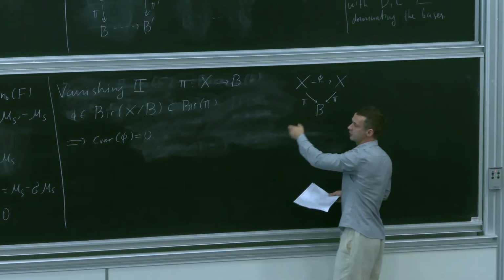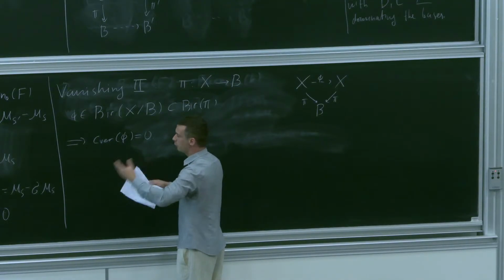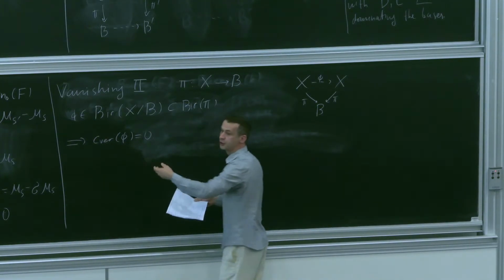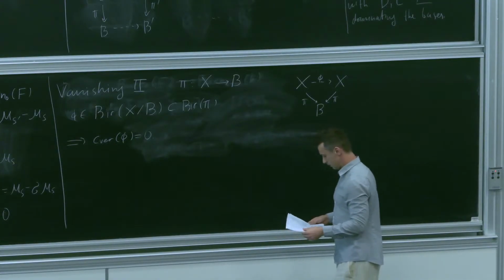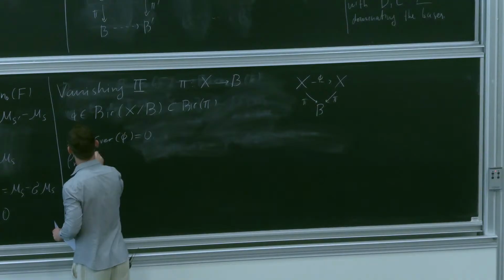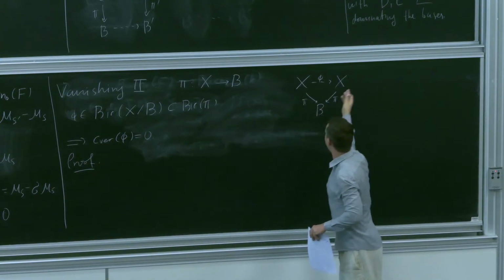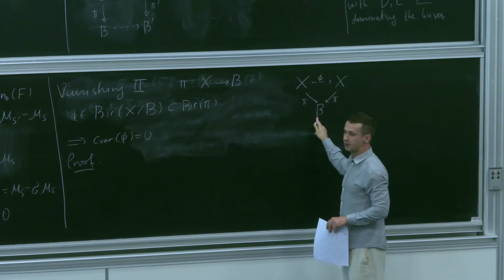So by splitting them into horizontal and vertical, we earn some vanishings we can use. So the proof is kind of silly. We just remove all the vertical divisors from the base, and we get 0.